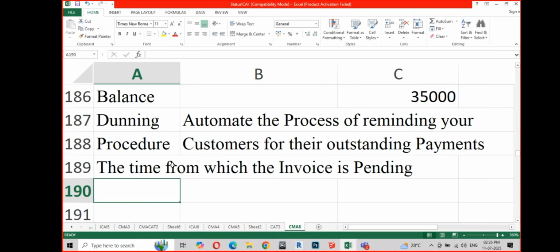Because you remember we spoke about the payment terms when we were discussing the automatic payment program. Similarly, you might have entered into an understanding with your customer saying that 15 days, or maybe 1 month, or say 30 days is the time before which you need to make a payment. Let me assume that I raise an invoice on the 1st of July.